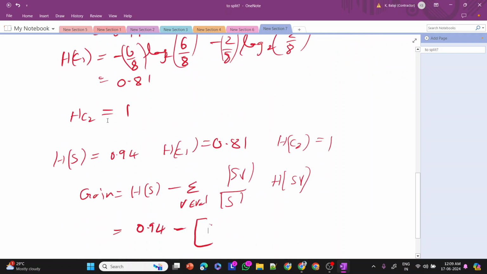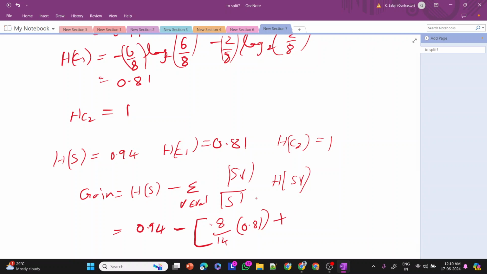So here we put 8 by 14 times H(C1), which is 0.81.